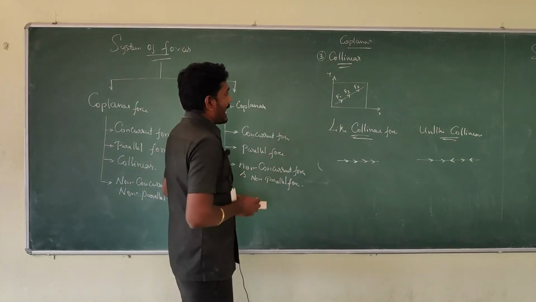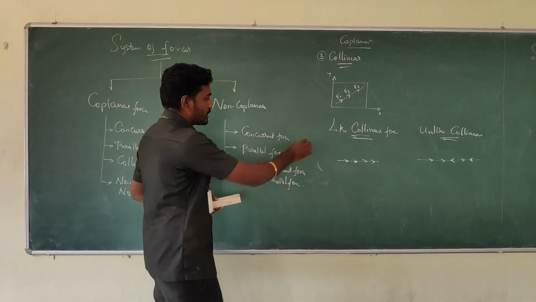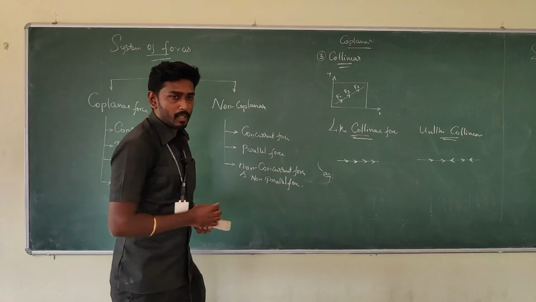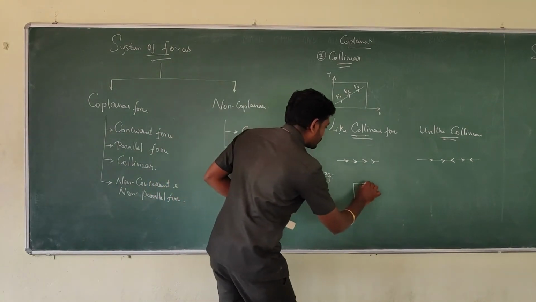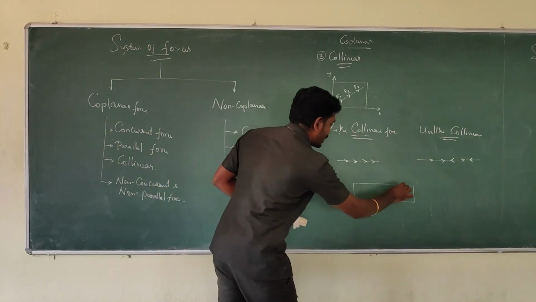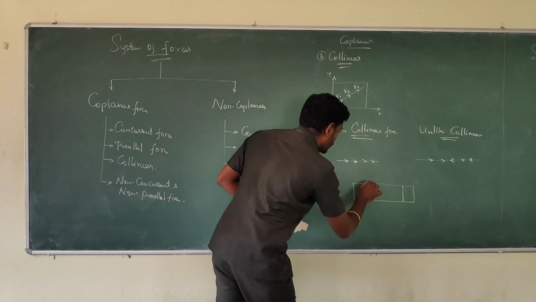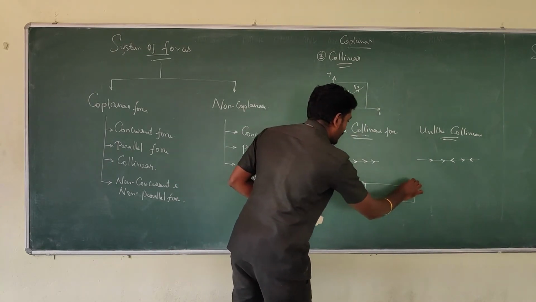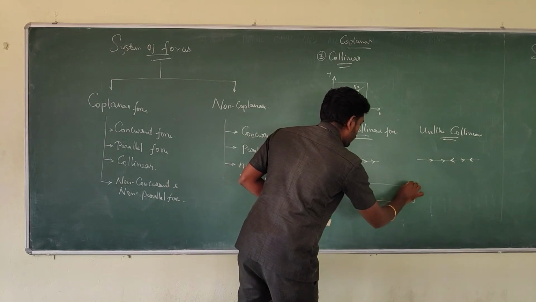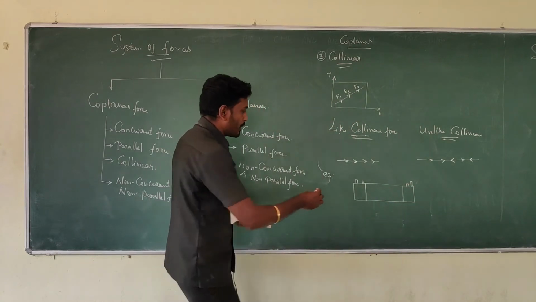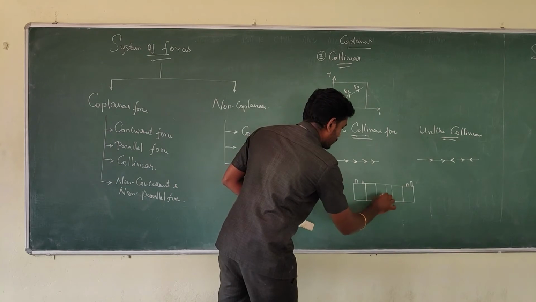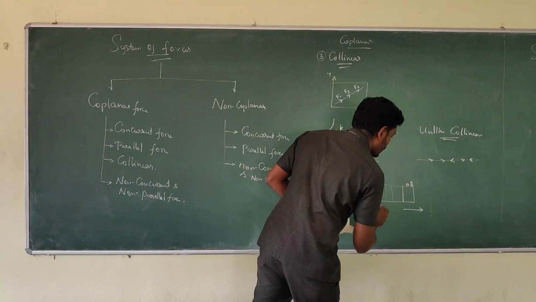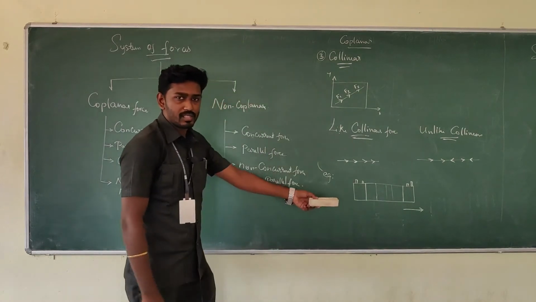For an example of like collinear force, I can say the train. See the train arrangement. You can see the engine at the rear side as well as the front side, am I right? There will be a lot of compartments, something like this. When the train is moving, the movement will be in the direction something like this.